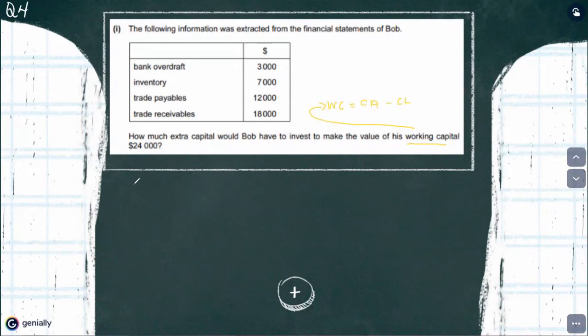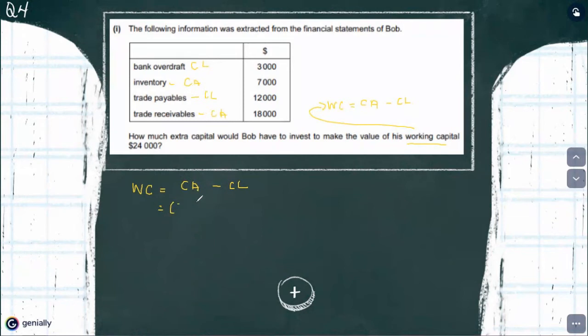So working capital for this business would be current asset minus current liability. What are their current assets? Inventory is a current asset, trade payables is a current liability, and trade receivable is a current asset. So let's group all our current assets together.